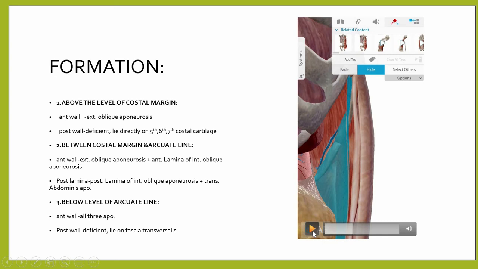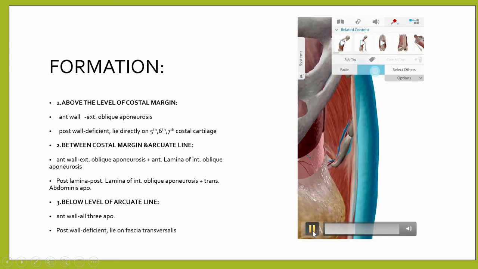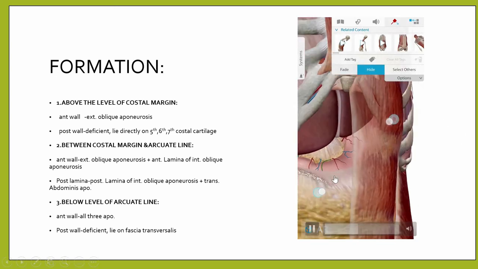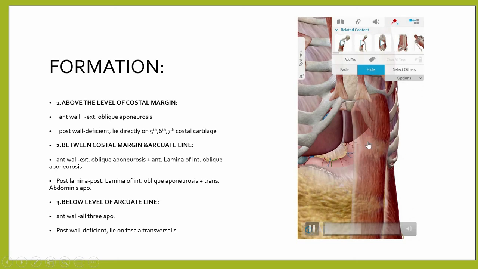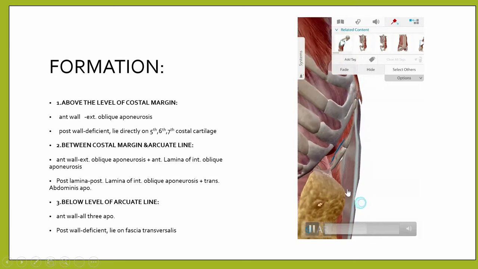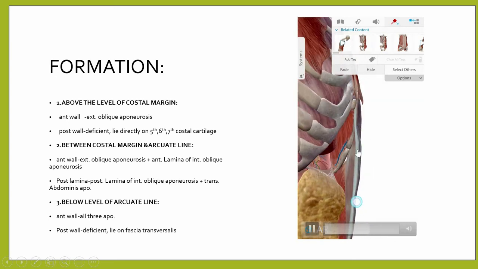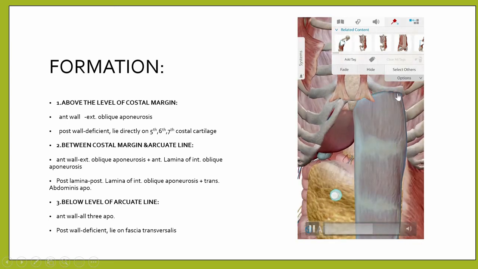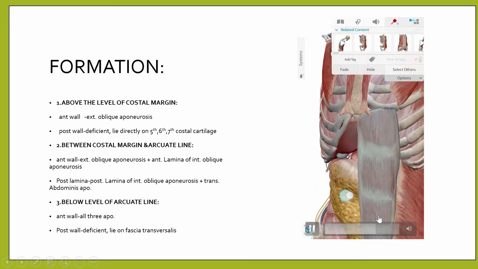When we remove these two muscles, we can see the rectus abdominis muscle. Only the sheath is not visible, because the sheath is very close to the muscle. But this is the muscle, and we can see the costal margin level here.